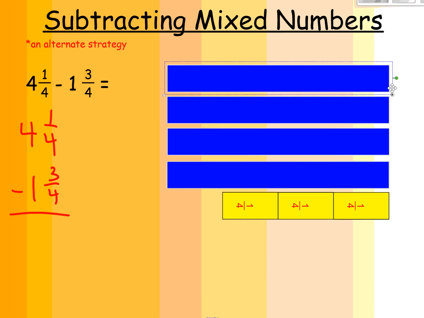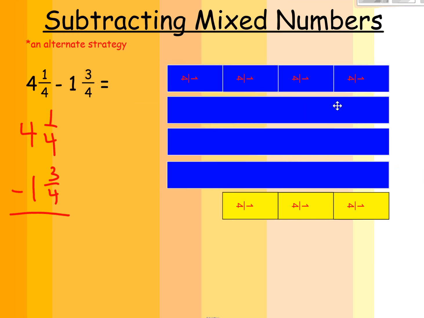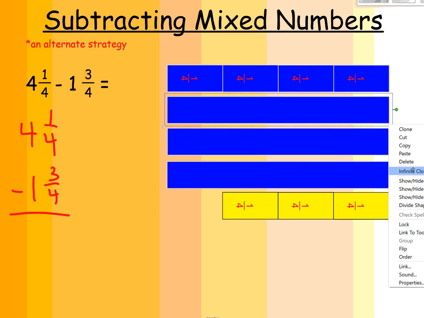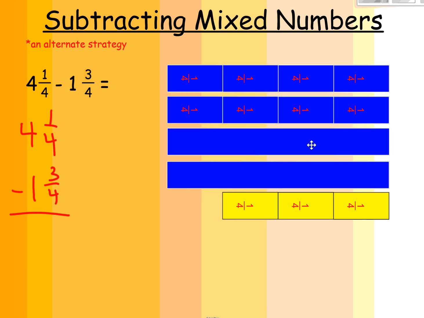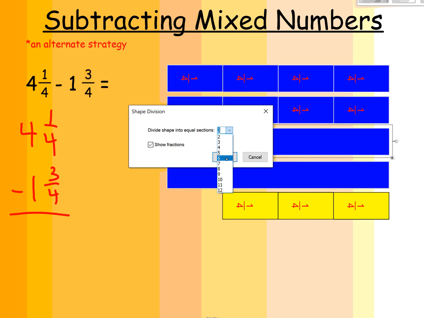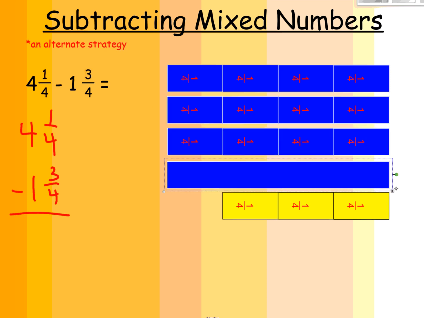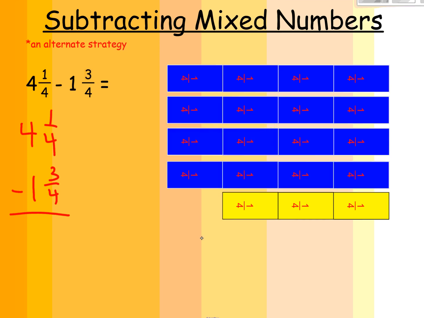So if I take my 1 whole here and I split it into 4 parts, and I can do the same thing with this one, and this one, and this one, I can see how many fourths I would have all together.